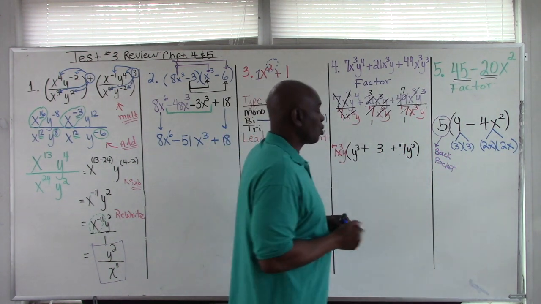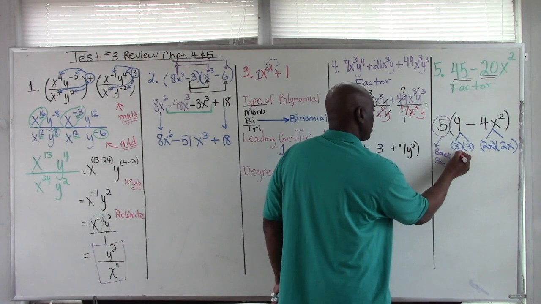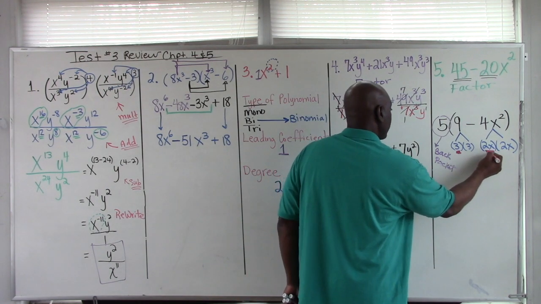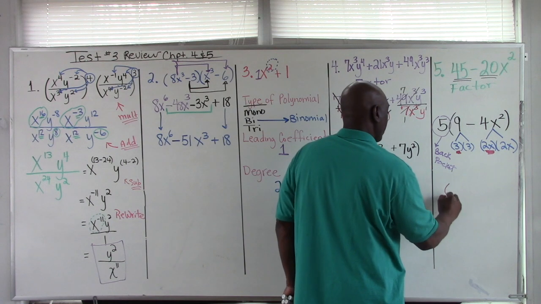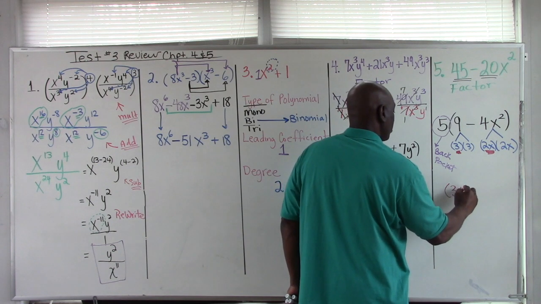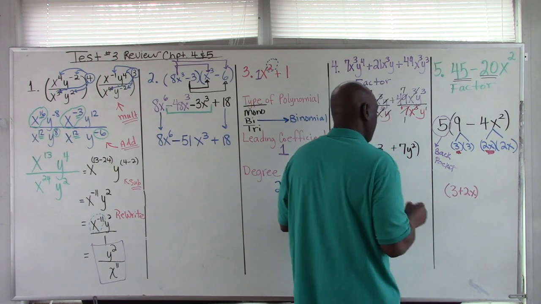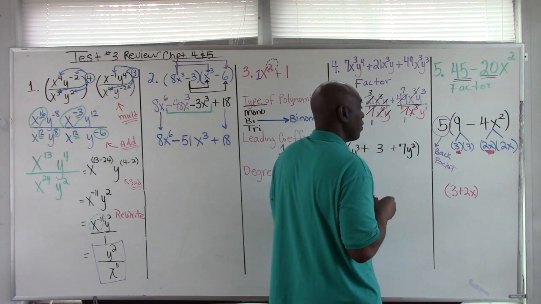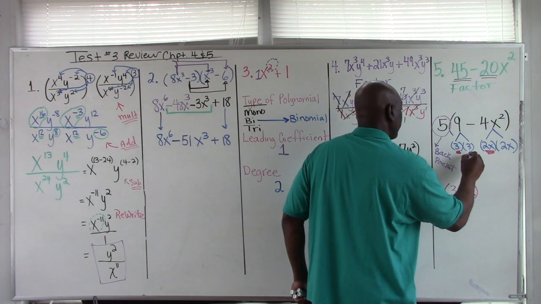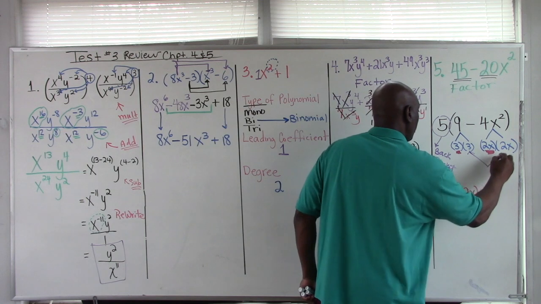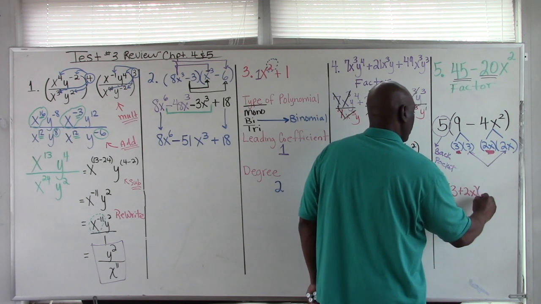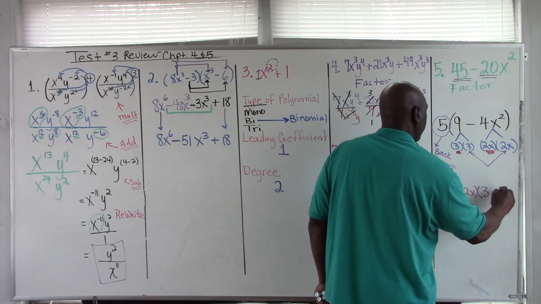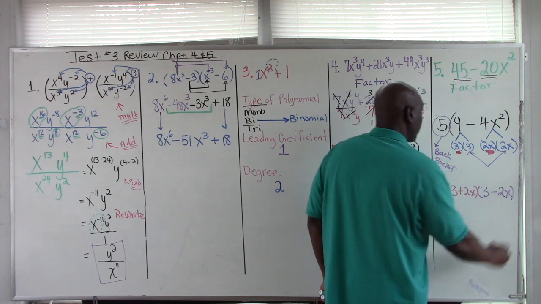Put this 3 with this 2x, so I'm going to have 3 plus 2x. And then put this 3 with the remaining 2x, and that's going to be 3 minus 2x.